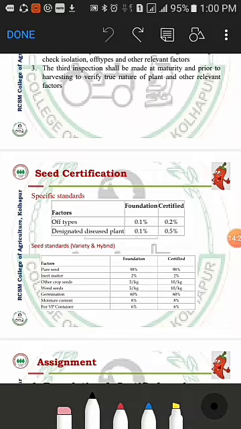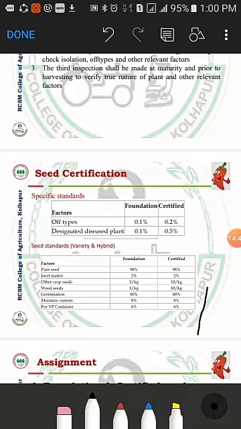For weed seeds the same ratio applies. Germination is more than 60%, and moisture content is 8%. These are the things you have to remember and write down. So our chili crop is completed.